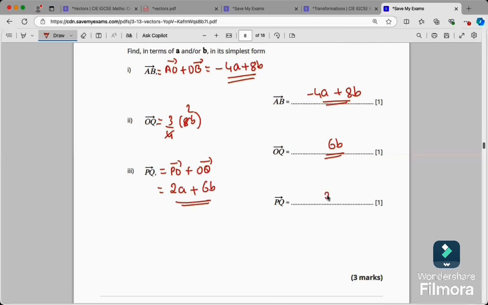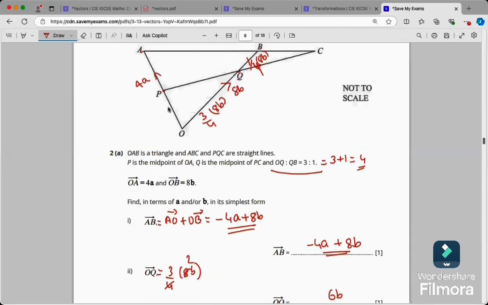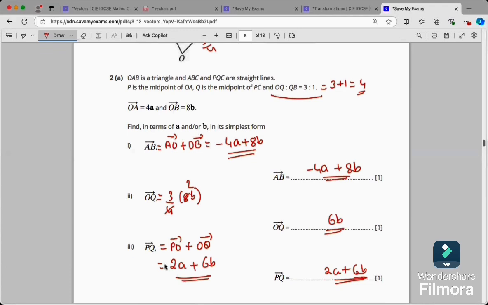So your answer is going to be 2A plus 6B. It was a very simple question. Oh, notice one thing. We wanted PO, which is in the opposite direction, so I need to change the direction. So I have to write minus 2A plus 6B.